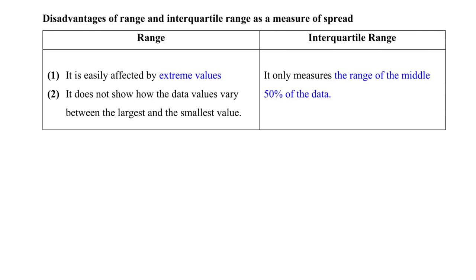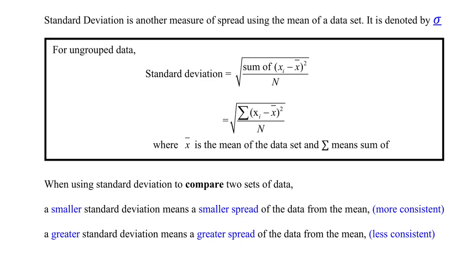Which brings us to the next part of this video, standard deviation. This is another measure of spread, and this time it uses the mean of a data set. It is usually denoted by this symbol.